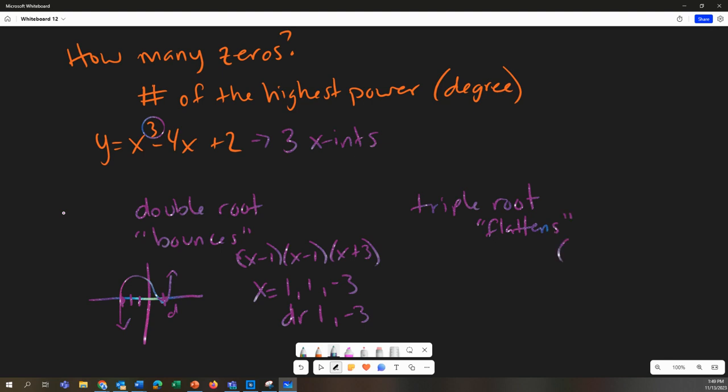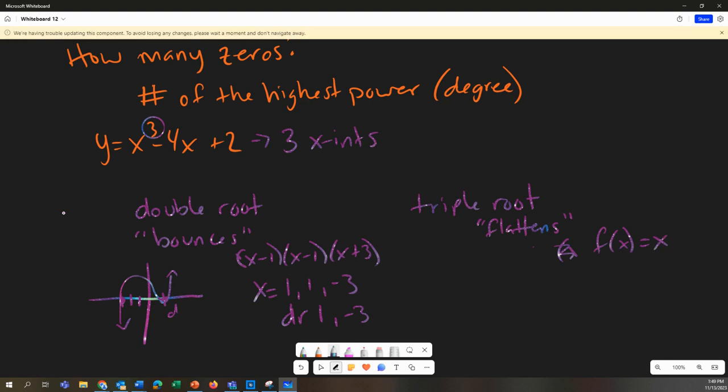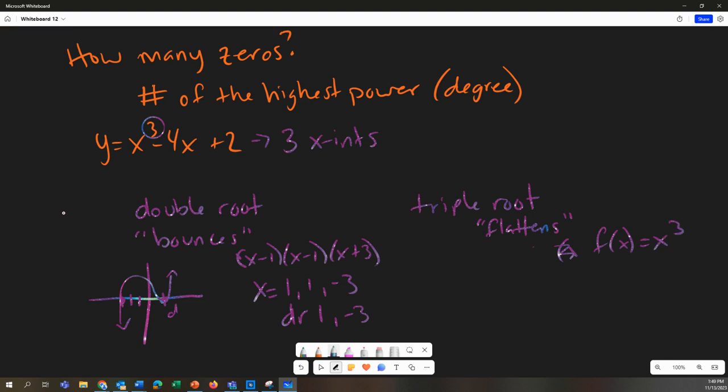So let's say we have a triple root. Let's say we have the graph, let's just do f of x equals x to the third, which would give us a triple root at 0. If I set that equal to 0, I would have x equals the cube root of 0, which is 0, 0, and 0. Okay, well, what happens? At 0, what would we do?